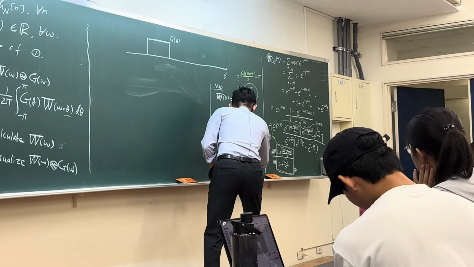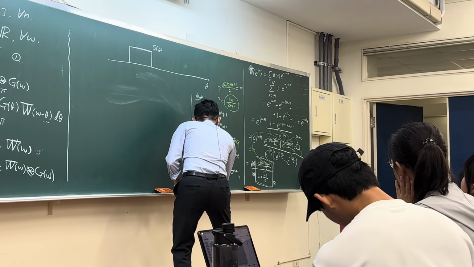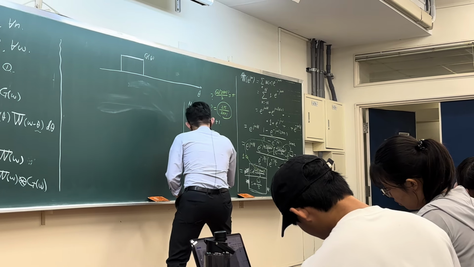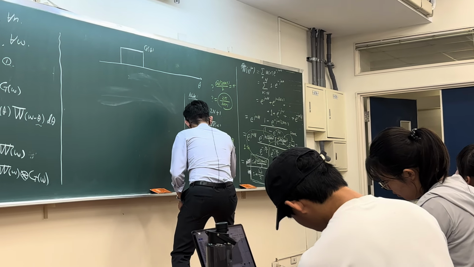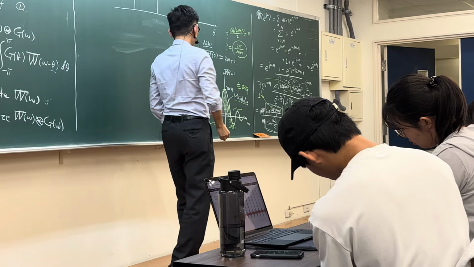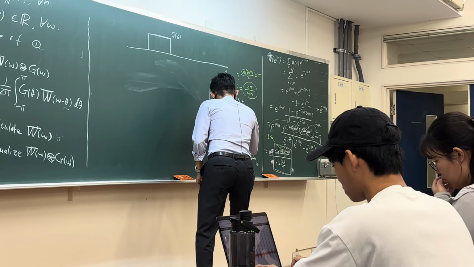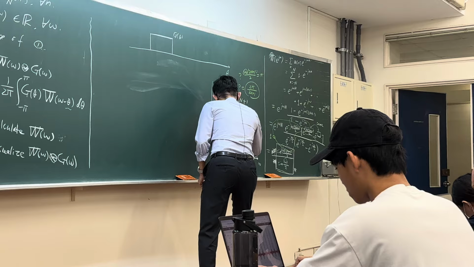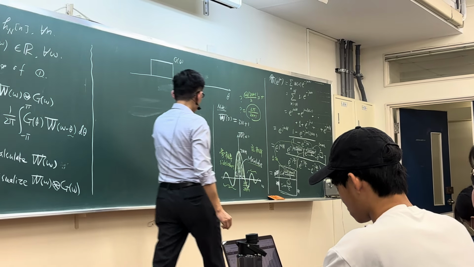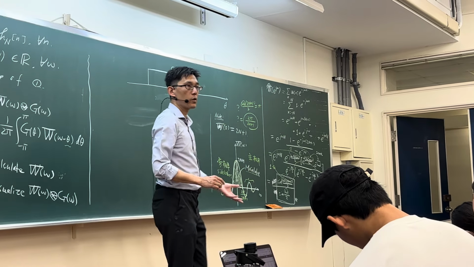Whereas all the other lobes right here, these are referred to as side lobes. Side lobes, plural. One side lobe, two side lobes, three side lobes, four side lobes, and you know that, plural.